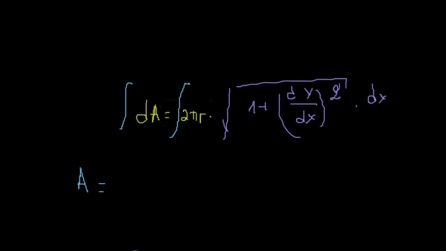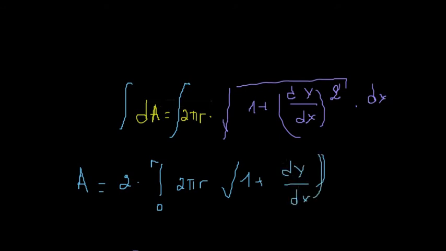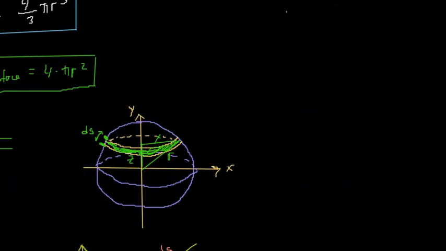But we need to define a specific interval through which we are going to evaluate it, and I'm choosing 2 times evaluating between 0 and r, 2 pi r times the square root of 1 plus (dy over dx) squared times dx. Okay, so I'm evaluating between 0 and r, and I'm multiplying by two in order to cover all the surface area of these small strips above the origin and below the origin.